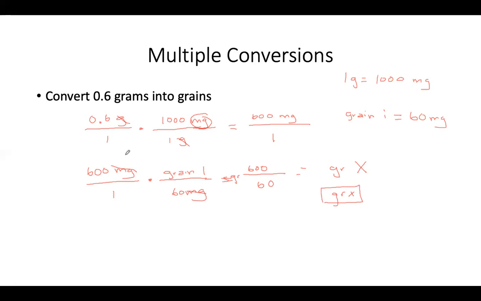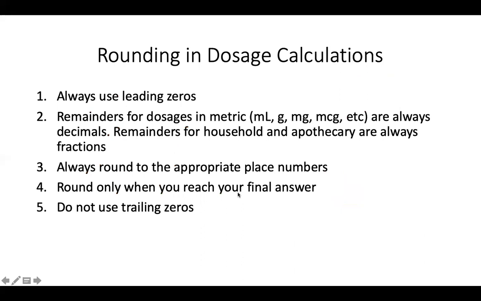So whenever you're doing this, always do the metric conversion first. So from grams into milligrams, micrograms into milligrams, whatever you have to do, but do the metric conversion first and then convert into grains. So whenever we're rounding in dosage calculations, and this goes for grains or standard dosage calculations, we always use leading zeros.